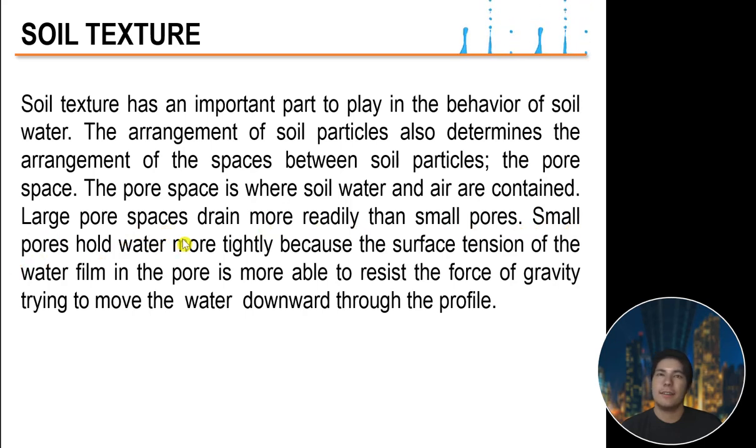Small pores hold water more tightly because the surface tension of the water film in the pore is more able to resist the force of gravity, trying to move the water downward through the profile. So, soil texture is very important in the design of irrigation systems.